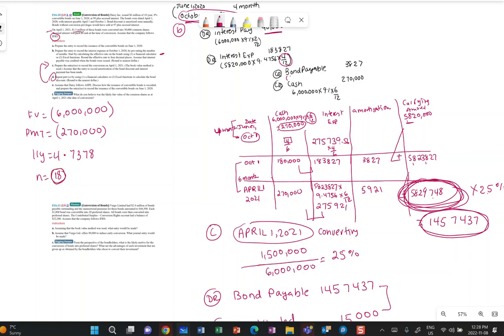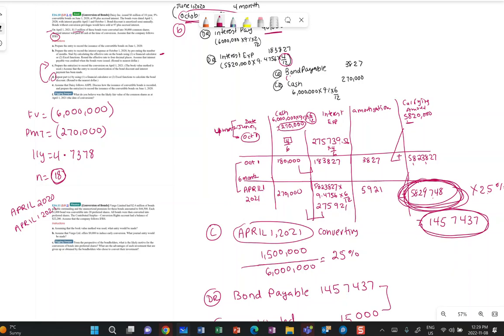The date of the bond was April 1st, 2020. And now we are on April 1st, 2021. That's when we're retiring the bond.